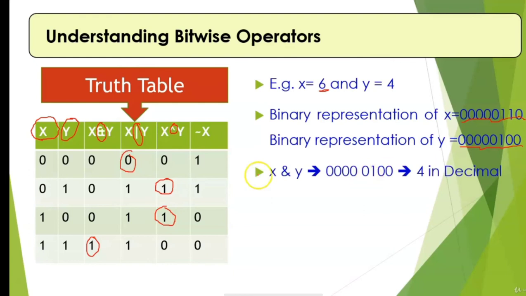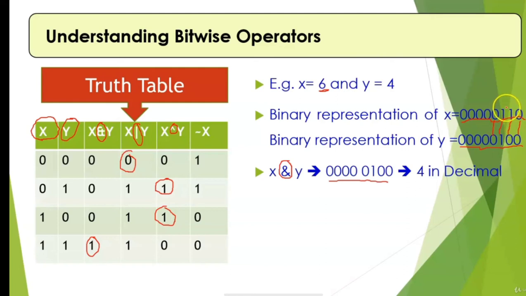So if we apply the bitwise AND on X and Y, then this is the final result. Note that bitwise AND compares each bit of X and Y with each other, and only if both bits are 1, then the value is 1, else it is 0.